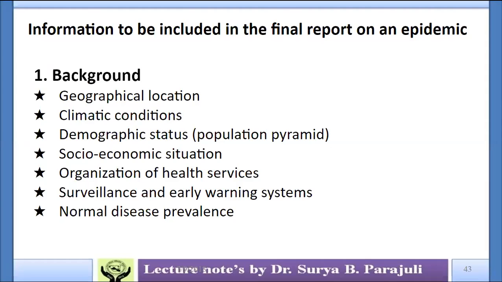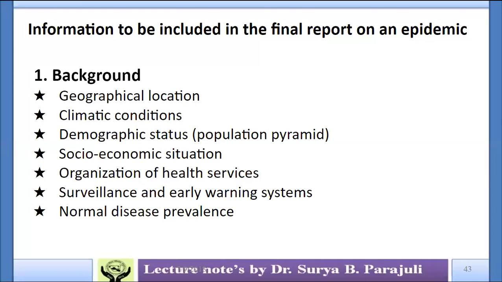First, always background information. So these are some points we need to include in this background section. We can modify it based on your expertise, the context, and the type of outbreak. So what is the geographical location? Let me give you an actual report of a hepatitis C outbreak in Viratnagar. Geographical location: Viratnagar. Climatic condition: rainy season.